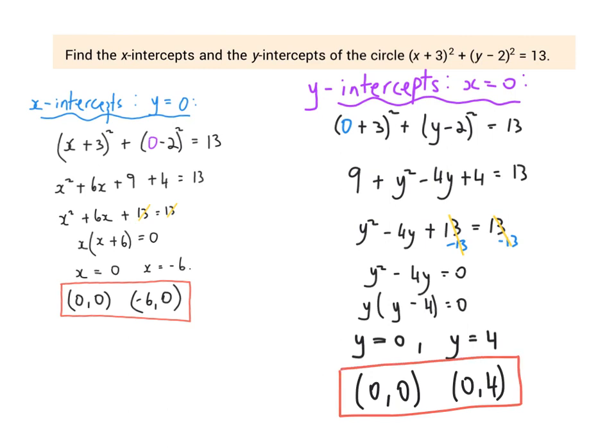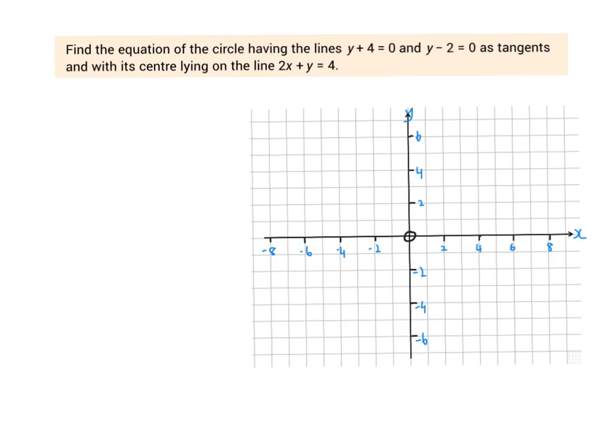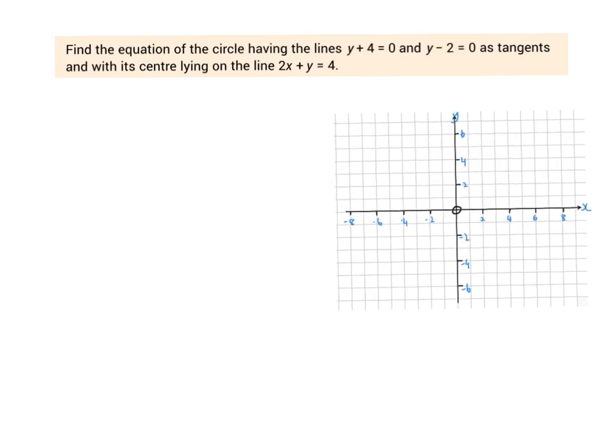Okay, let's look at something further around the equation of a circle. Here in this question we're asked to find the equation of the circle having the lines y plus 4 equal to 0 and y minus 2 equal to 0 as tangents, with its centre lying along the line. So the first thing we're going to do is sketch these lines.